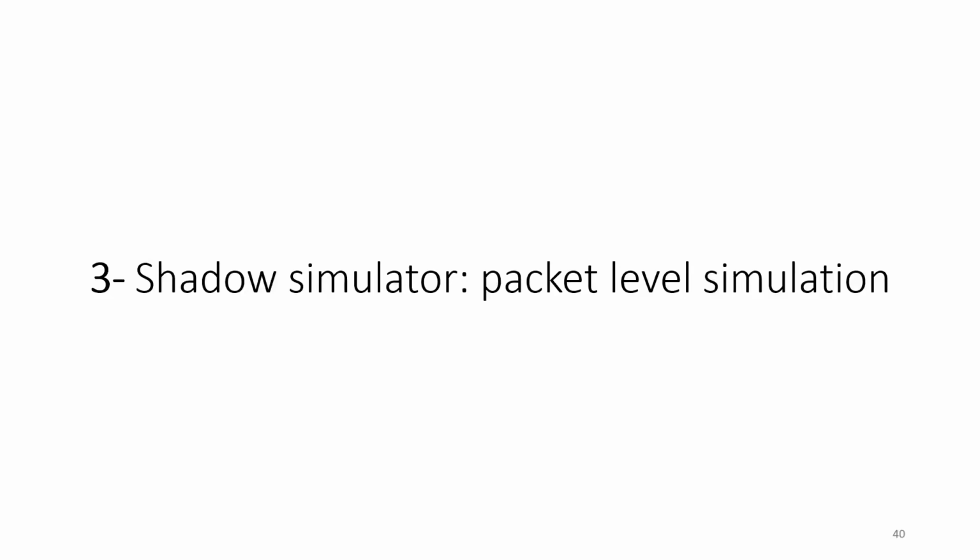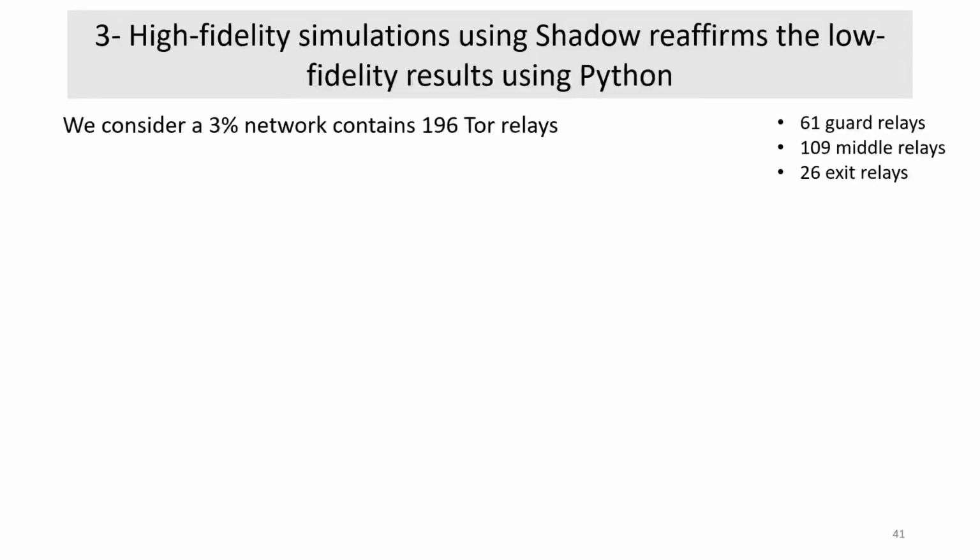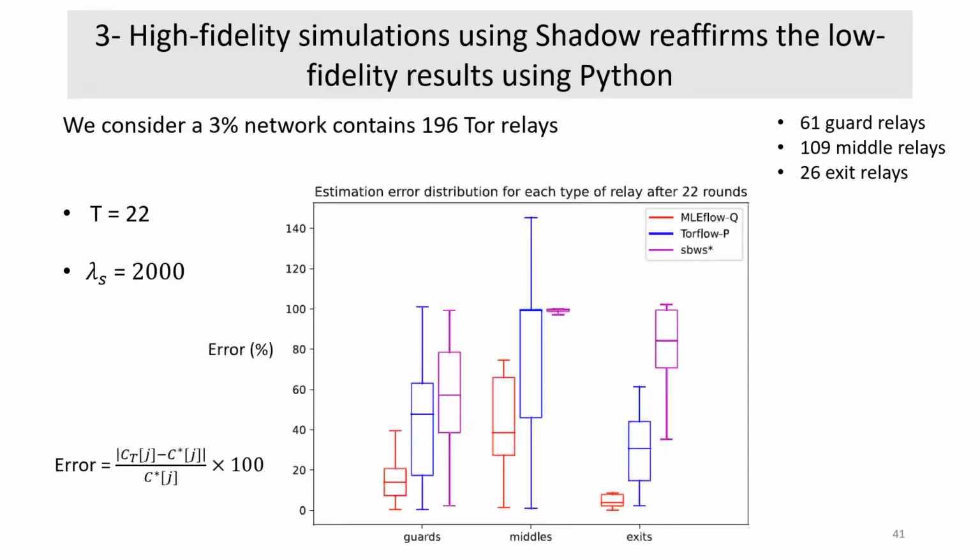I'm going now to present our Shadow simulator results. We considered a 3% Tor network that contains 196 Tor relays. We simulated our network for 22 epochs with a rate of arrival of 2000. In this graph, we compare the error between the actual capacity and the estimated capacities when using MLEFlow, TorFlow, and SBWS algorithms.